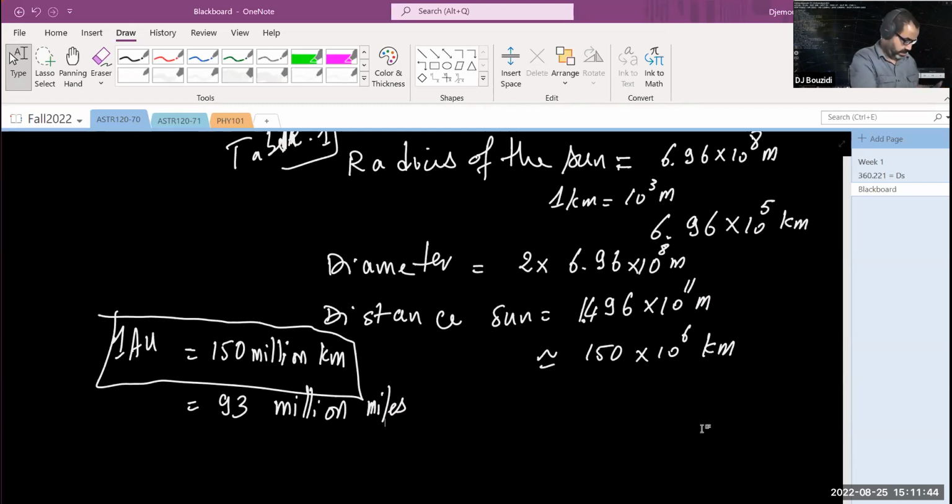Can anybody help in here? Because it looks like table 7 is not showing me this information right now. Where's the moon's table?